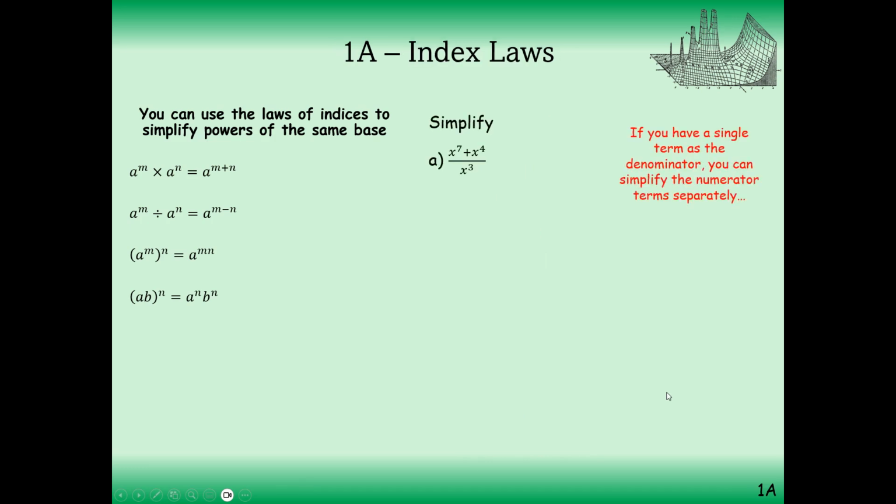Okay, so think carefully. To simplify this expression, first you can factorize. What would you factorize out of the numerator? X to the power of 4 is a common factor, so you would factorize that out, or write it like so.